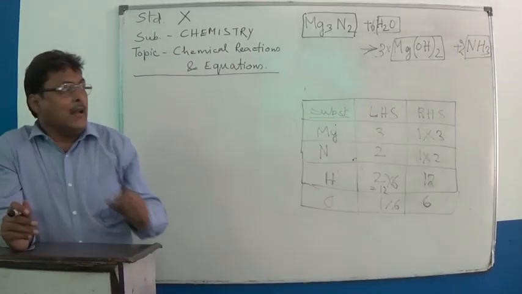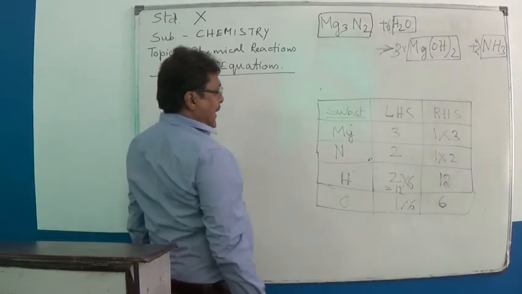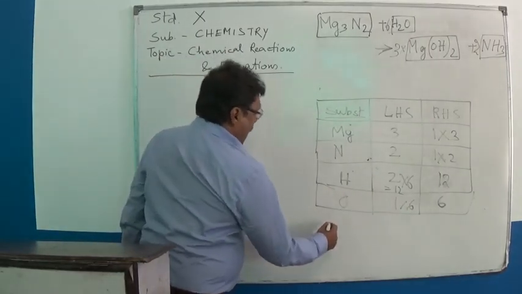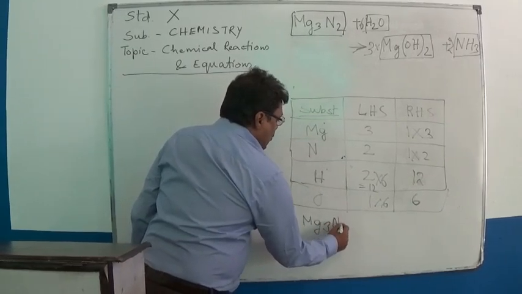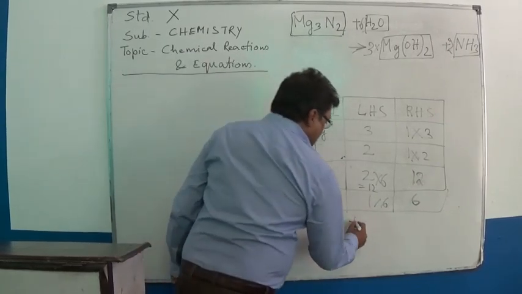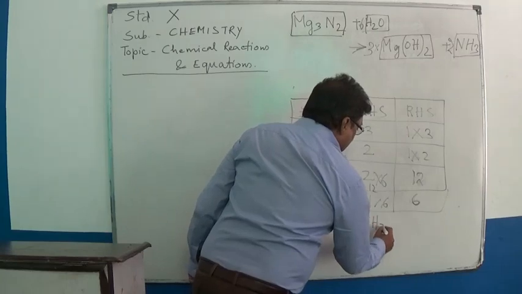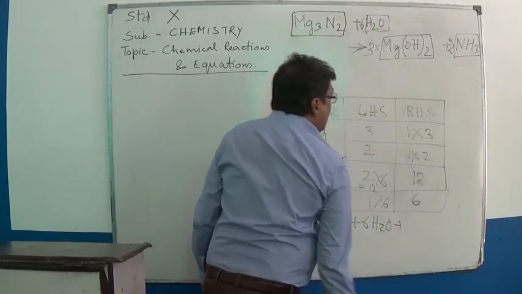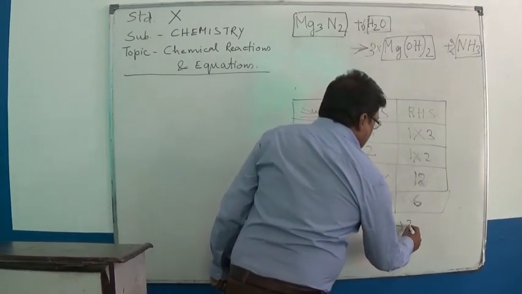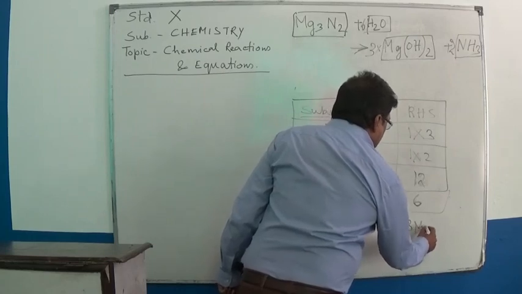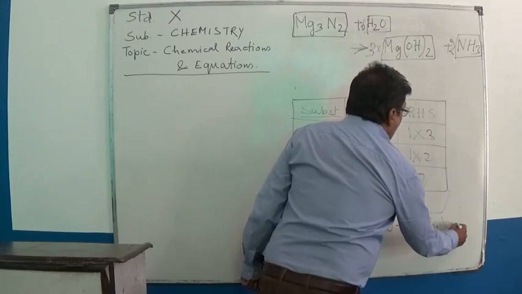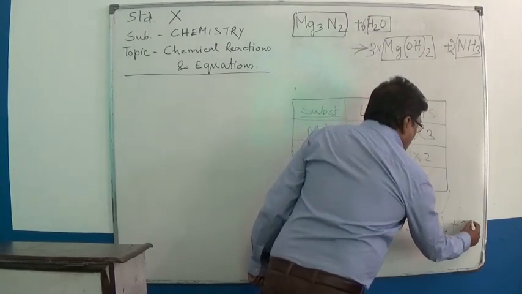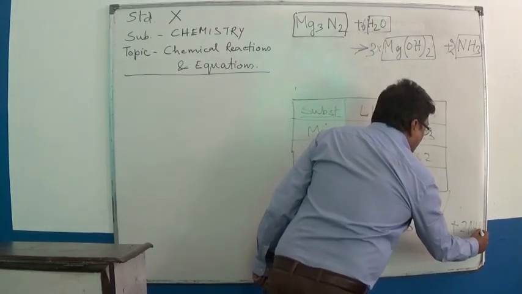So the final equation is like that. Mg3N2 plus 6H2O makes 3Mg(OH)2 plus 2 molecules of ammonia.